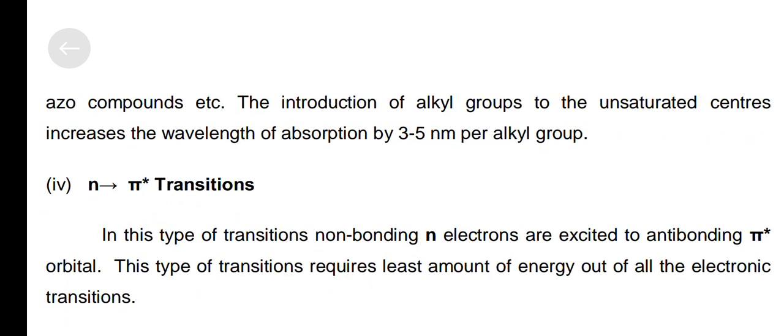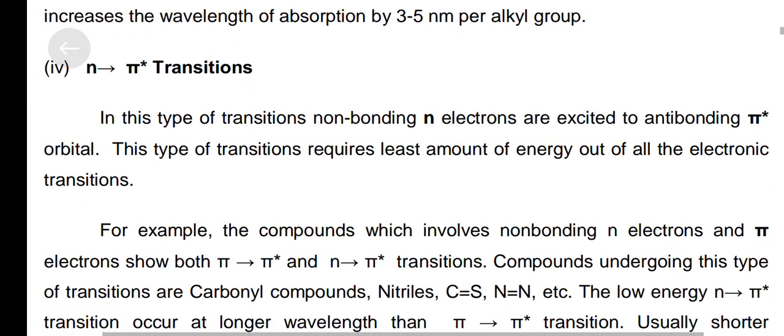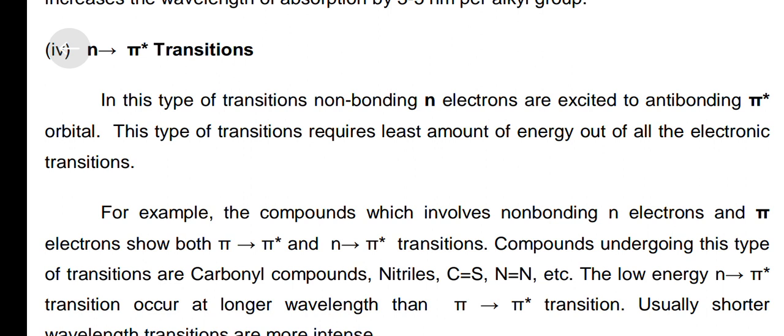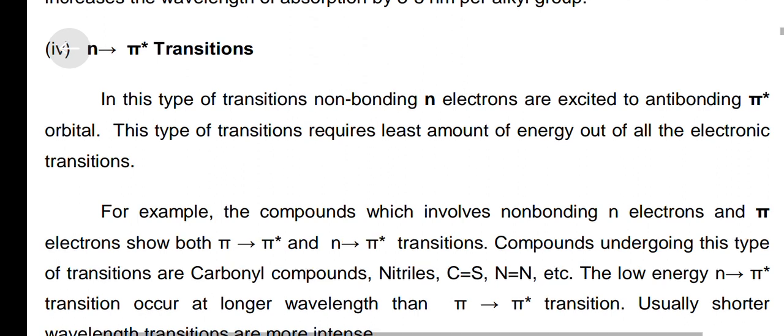Fourth is n to pi star transition. In this type of transition, non-bonding electrons are excited to antibonding pi star orbitals. This type of transition requires the least amount of energy out of all the electronic transitions. For example, compounds which involve non-bonding n electrons and pi electrons show both pi to pi star and n to pi star transitions.